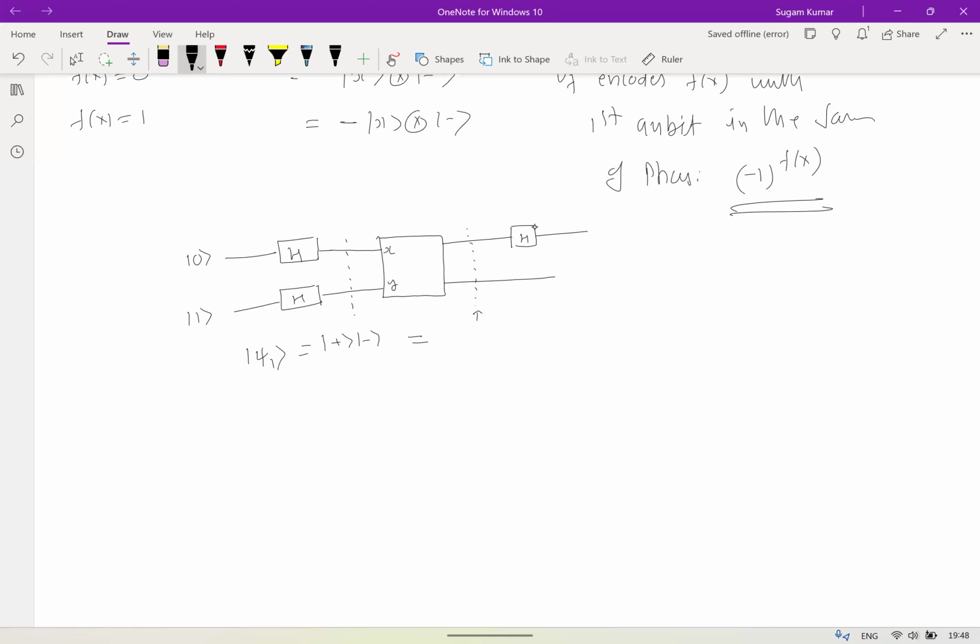So I will just keep this Y as such, and let's open the plus sign. Plus is nothing but 1 by root 2 times 0 and 1, tensor product negative.